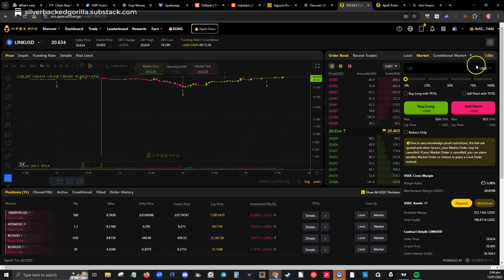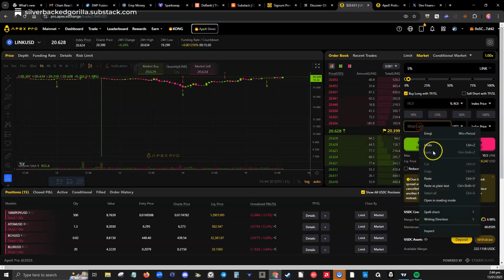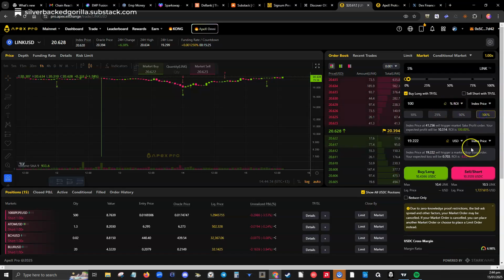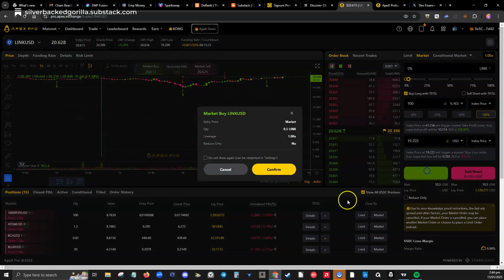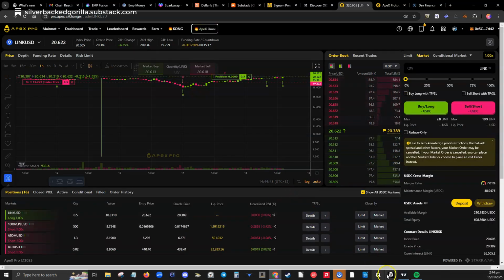That's a new long, 1x leverage, so no leverage. That's the stop loss level. I'm just copying the board. Just like $10 on that trade if it works. Okay, nice. There we go. We have some Link.